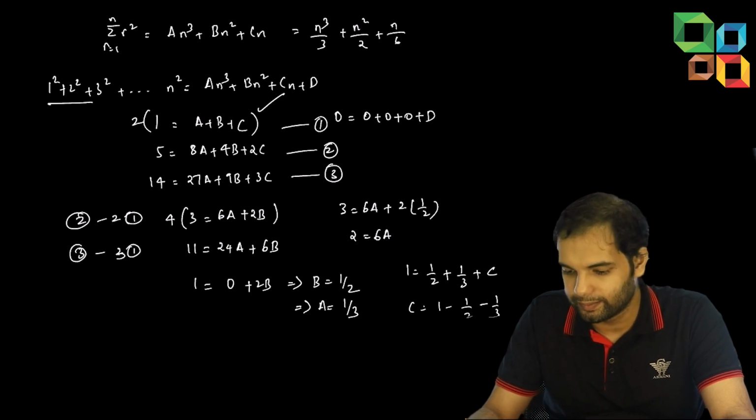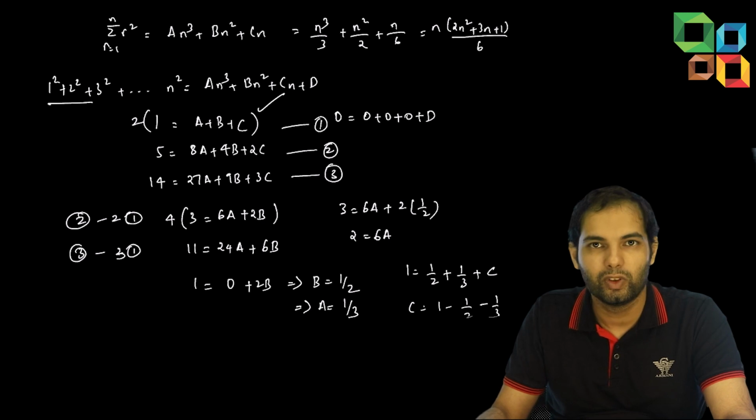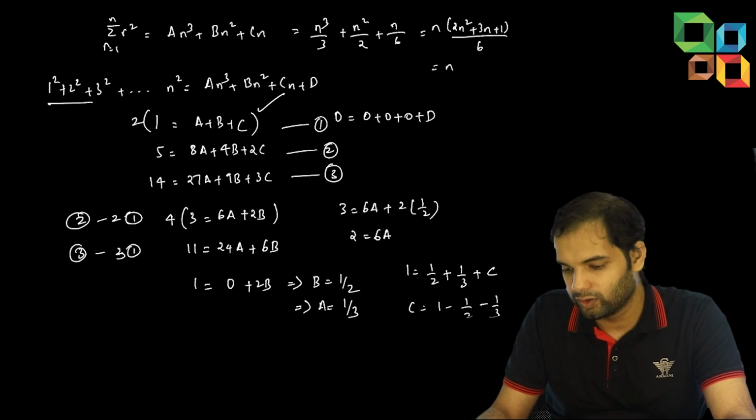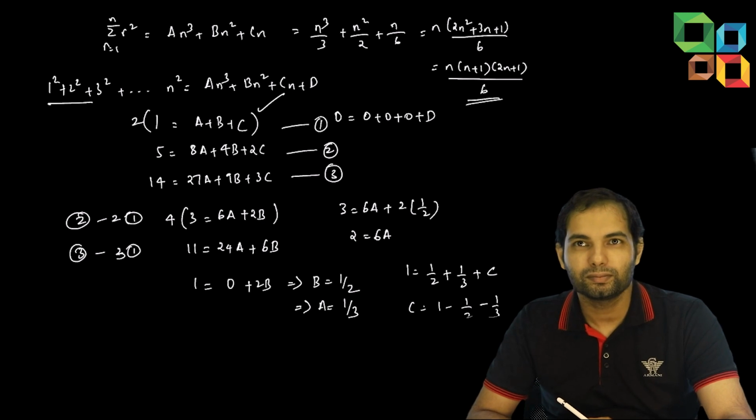If you want to take the LCM, take n common and take the LCM. So the numerator will be 2n square plus 3n plus 1. Factorize. You know it is n plus 1 into 2n plus 1 because we already know the formula. You can use your usual method. So we got back our formula.